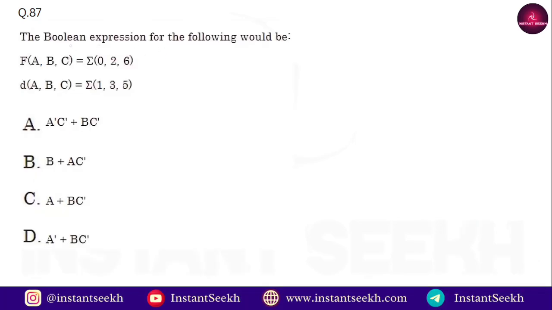Okay, the Boolean expression for the following would be what? Question number 87 is given. So let's try to simplify this. Let's create a map.